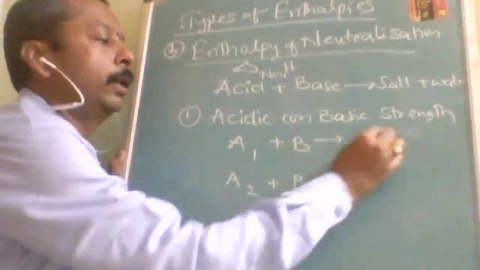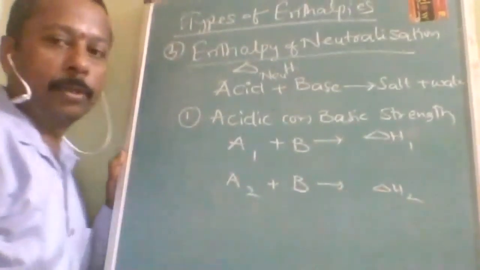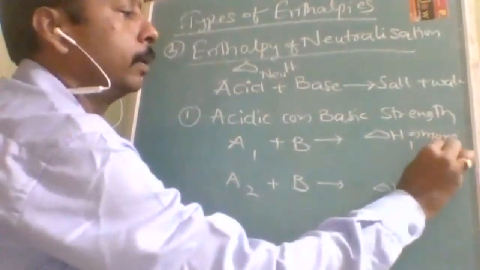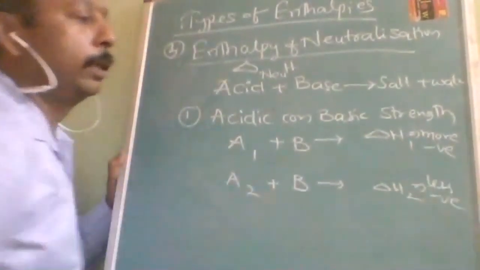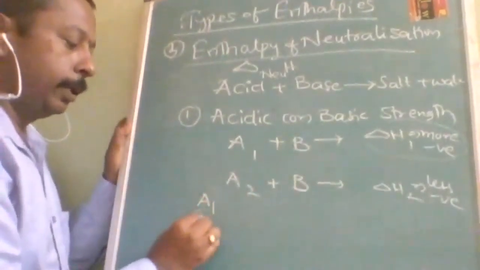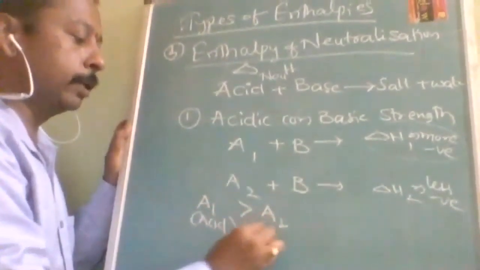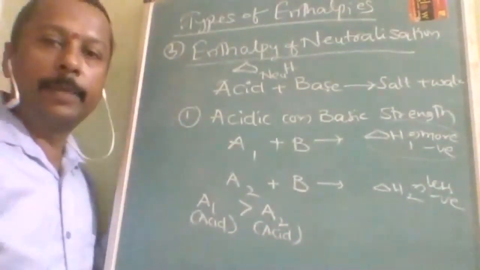Let us take, this is delta H1, this is delta H2. Suppose this is more negative, this is less negative. Then A1 acid is stronger than A2 acid. This is used to compare the acidic and basic strength.